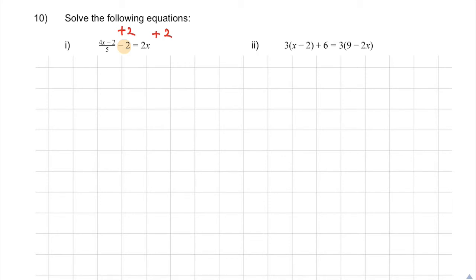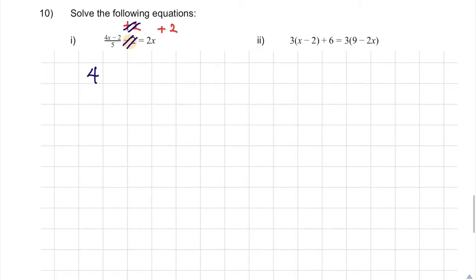Now the left-hand side, that plus 2 is just going to cancel with that negative 2. So on the left-hand side, I have 4x minus 2 over 5 is equal to the right-hand side, which is 2x plus 2.